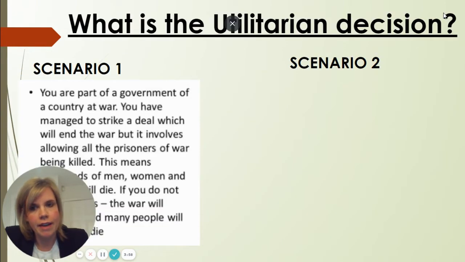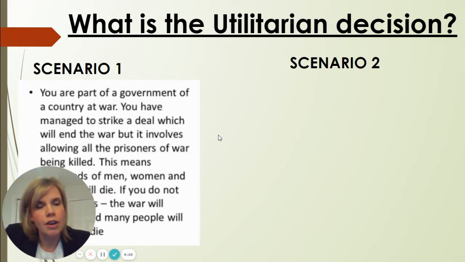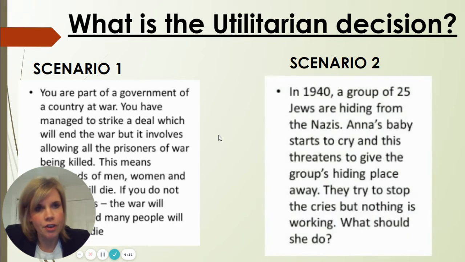Right, then your activities. You have got two scenarios on the slides, and on the Google Doc there is a space for you to type in what you think is the most utilitarian decision. I'm not going to read these for you now. You can look at them specifically in your lesson time and have a think.